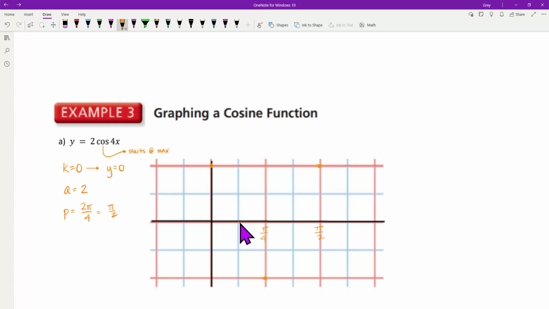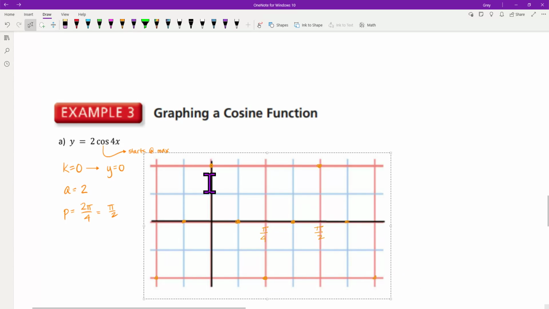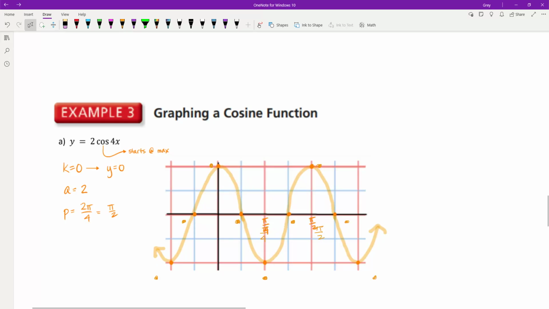And then halfway between each max and min are my zeros, or what I call zeros, y'all. It crosses the midline, whatever your midline is. So this is here, and that is there. And when you connect them, that's going to look like this. And I'm going to get rid of those extra dots. All right, so that's our cosine function.